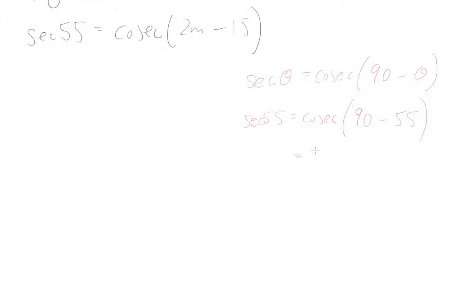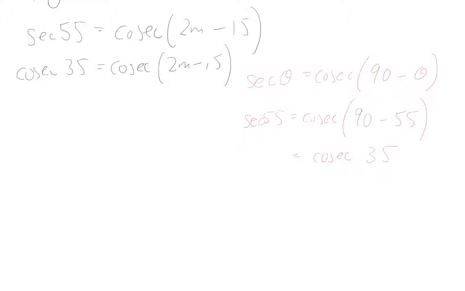So sec 55 is cosec 35. Okay, so back up to our question then. Sec 55 is cosec 35, so we've got cosec 35 equals cosec of 2m minus 15.